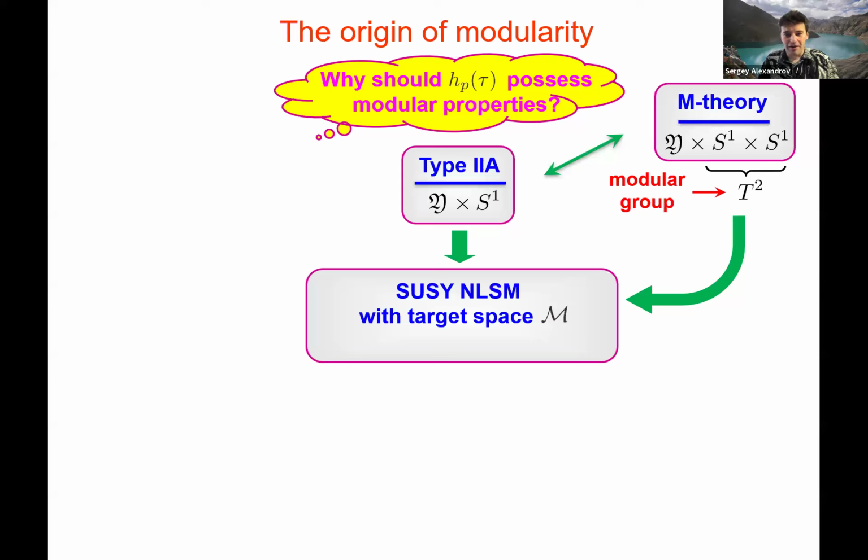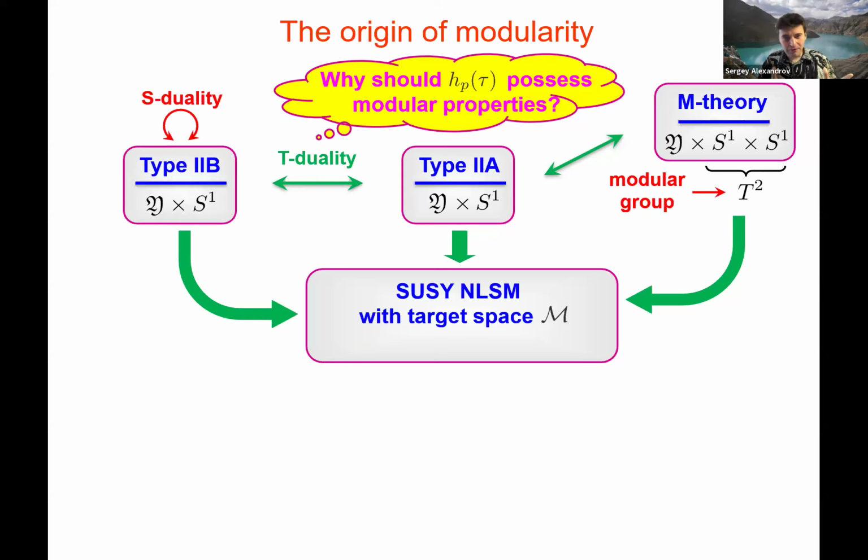You can arrive at the same conclusion if you just do T-duality along this additional circle, then you go to type 2B compactified on the same manifold. But you know that type 2B is invariant under S-duality.